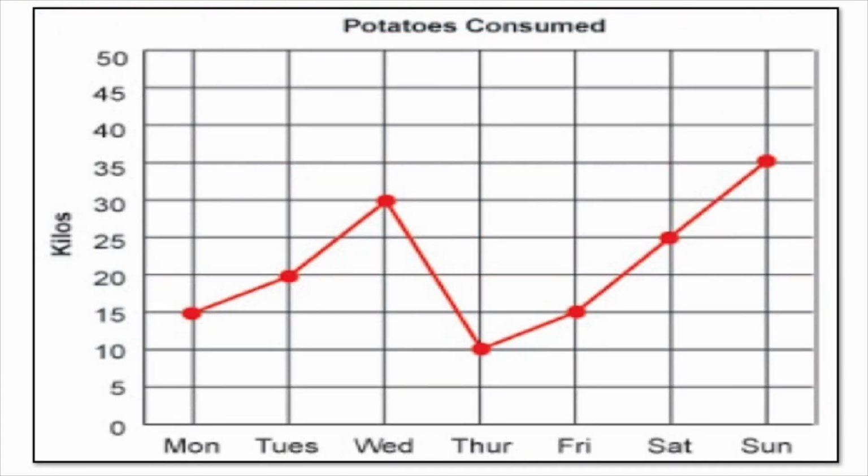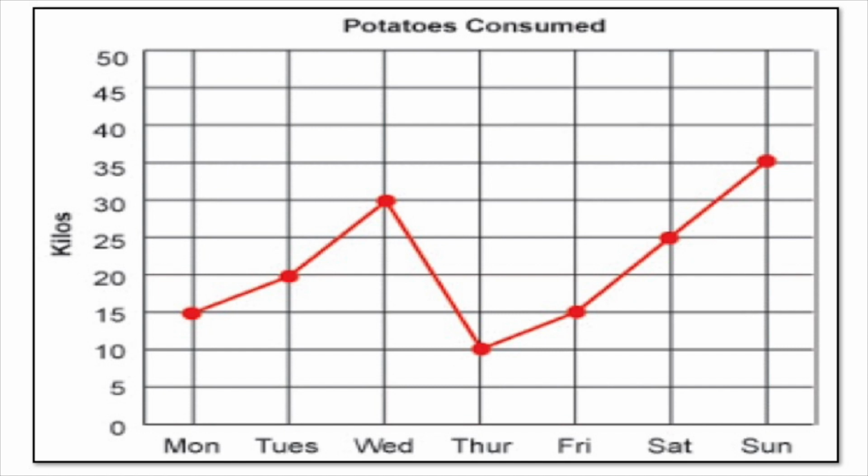So, once again, we've got a line graph. This is about the amount of potatoes eaten. So here, we've got the scale in kilos. And the scale goes up in 5s. But then, the horizontal axis shows the different days that all of the potatoes were eaten.